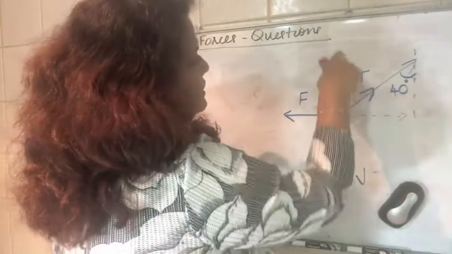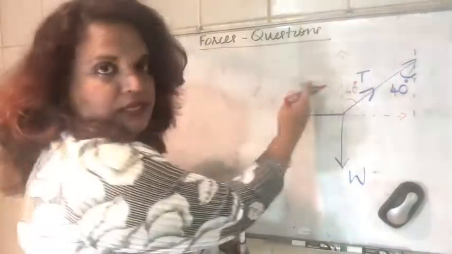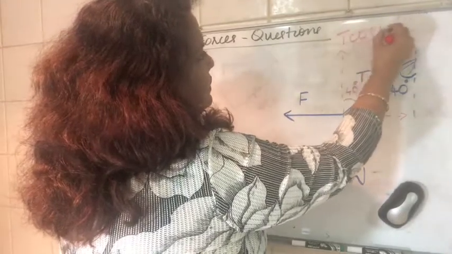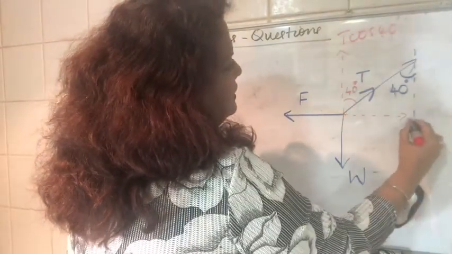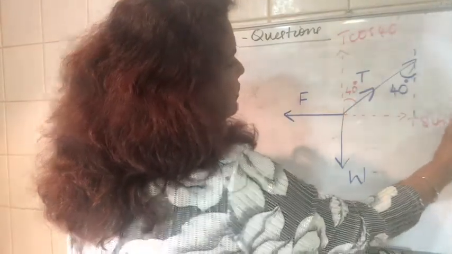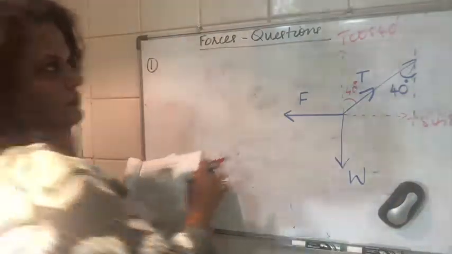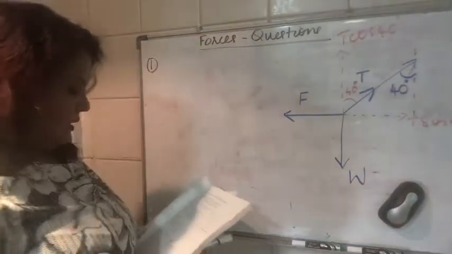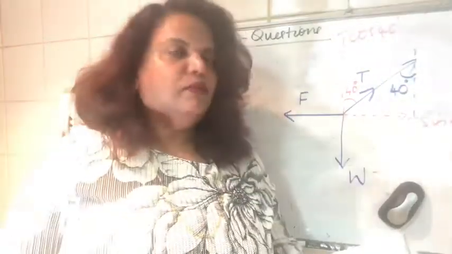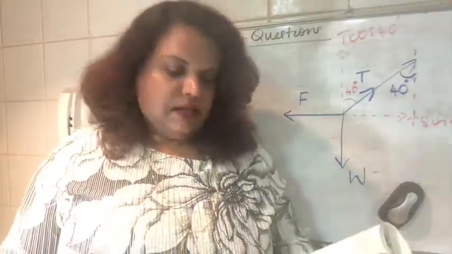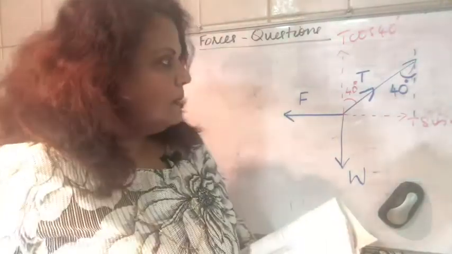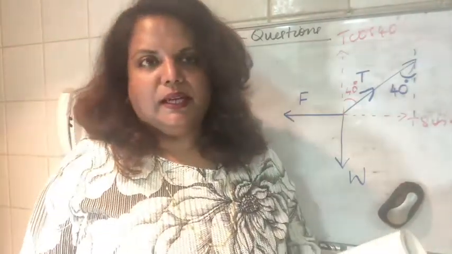So, this is your adjacent side. I told you where the angle is connected, that will be your cos component. So, this is going to be T cos 40, and this will be T sin 40. So, your vertical component will be T cos 40, and horizontal component will be T sin 40. I hope you have identified that part A correctly.